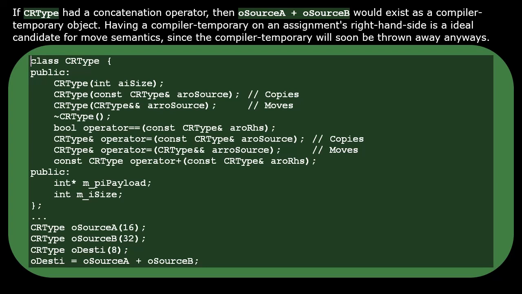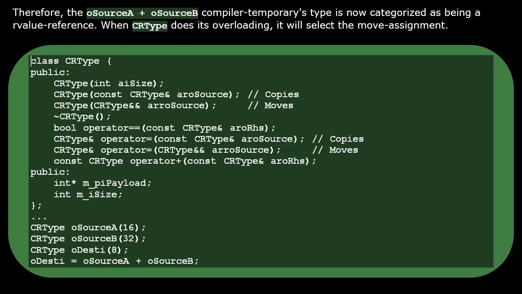Having a compiler temporary as an assignment's right-hand side is an ideal candidate for move semantics, because that compiler temporary will soon be thrown away anyways. Thus, for compiler temporaries like these, all modern compilers will give them a type that is an R-value reference. That will cause your class's function overloading to choose move semantics.